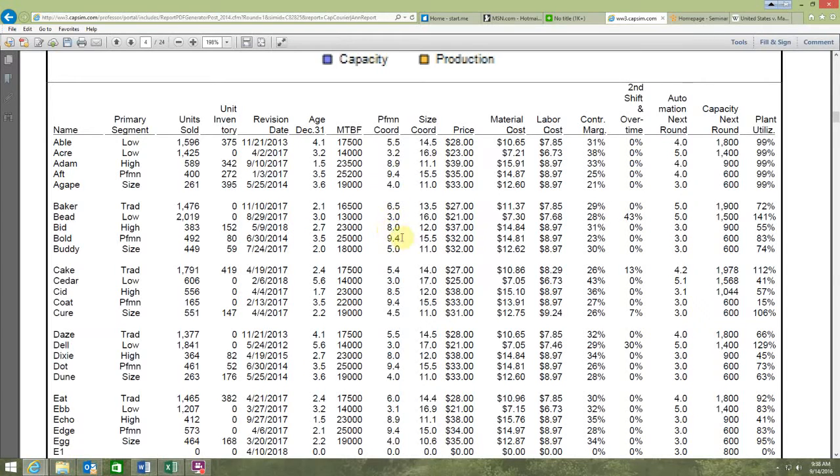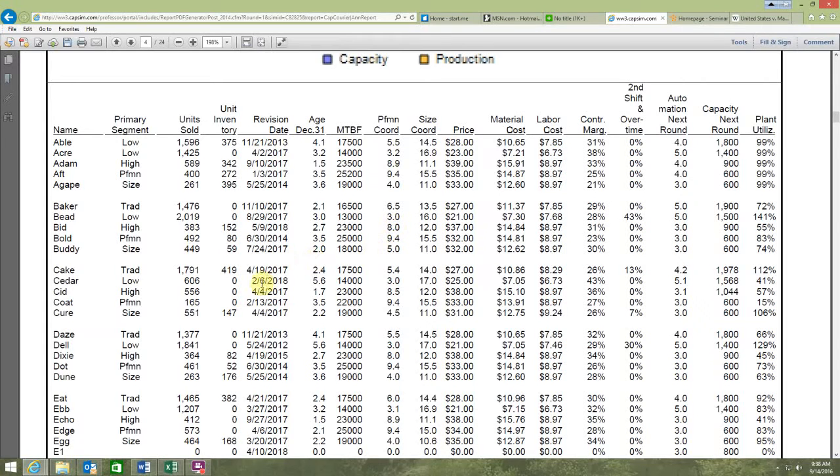You would think if they revised this, and I'll bet you they did, they set their performance and size coordinates to be much higher on the performance and lower on the size. But because the revision date was so far out, a year in advance, that didn't take effect this last year. So whatever revision they made won't take effect until next year.